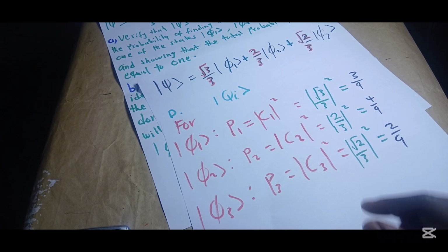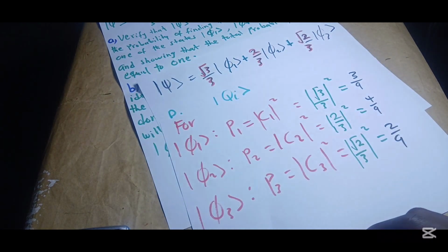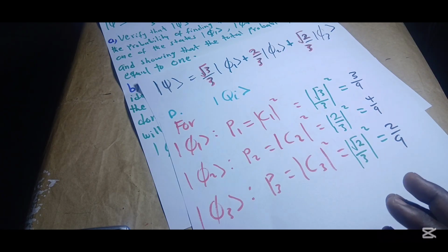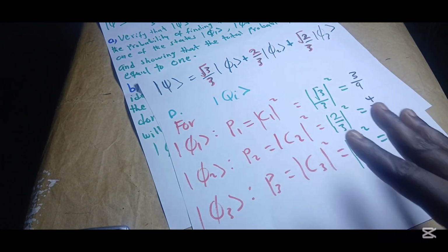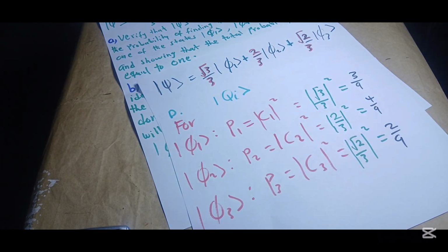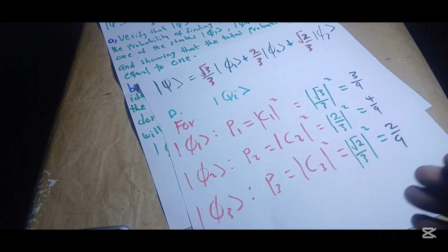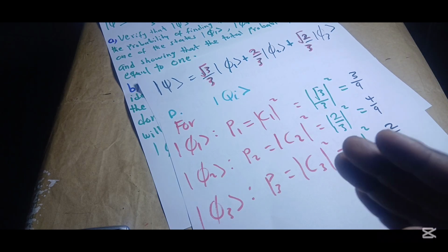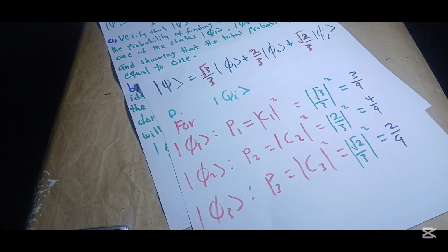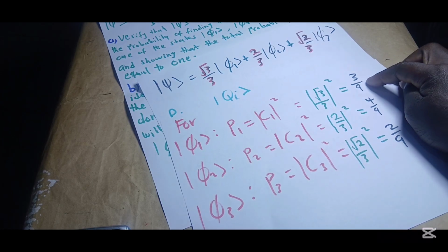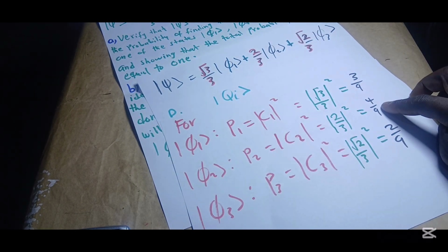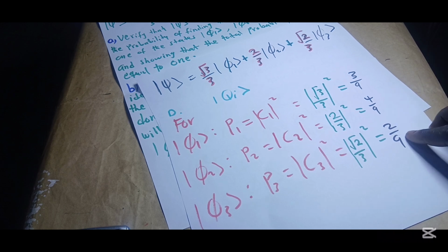Remember, for the system in state psi to be normalized, the absolute square of all the coefficients should give us 1. So all these are the probability contributions of phi 1, phi 2, and phi 3.